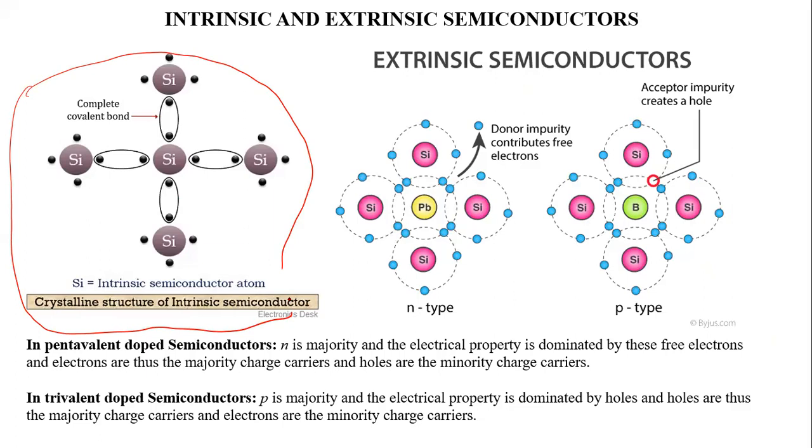Silicon has 4 valence electrons, and all of them contribute to chemical bonding with the neighboring atoms. The only way we get free electrons and holes is by dislodging one of the electrons in the chemical bonding. By dislodging, we create a free electron as well as a vacancy. This is called electron-hole pair formation.